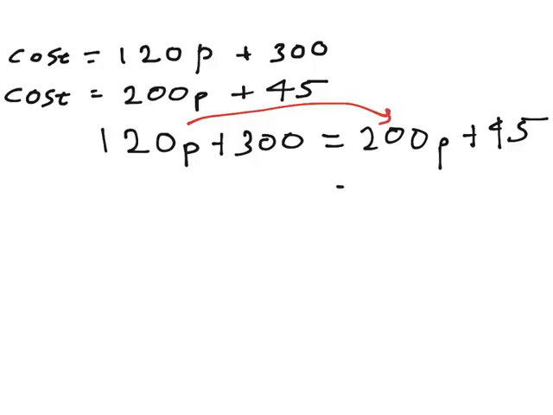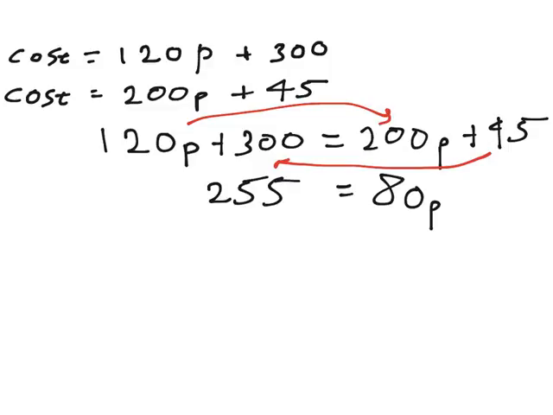So 200p minus 120p is 80p. Ditto this one. 300 minus 45 is 255. So just to make some room for myself, 80p equals 255.